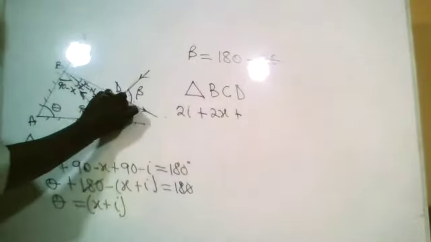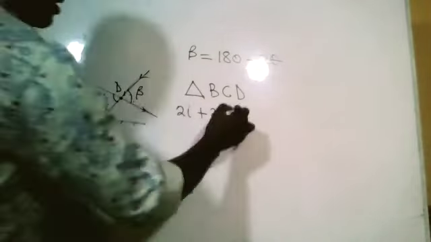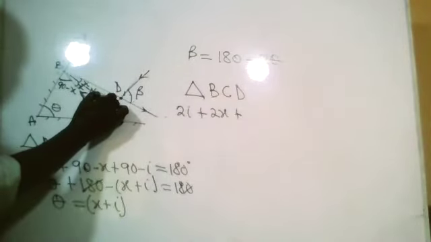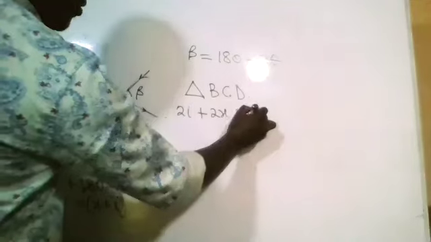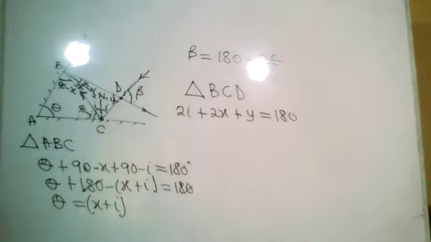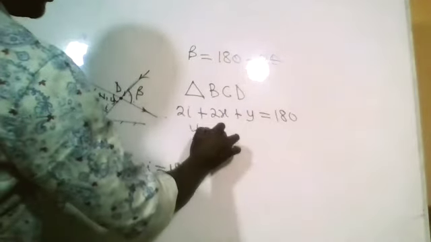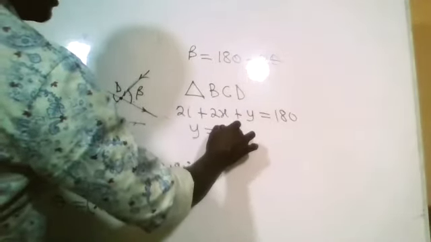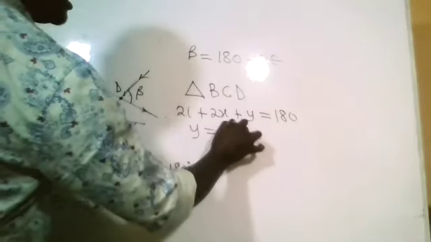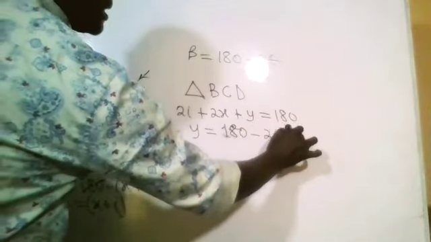This angle is not known. So let's assume that is Y. Y plus 2I plus 2X must be equal to 180, for the same reason, sum of angles in a triangle. So we have Y is equal to 180 minus 2 times I plus X.